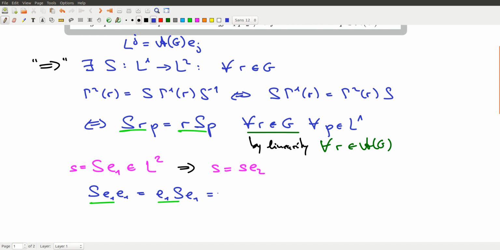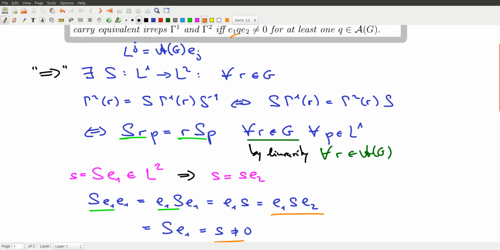And now the S times E1 is the little s, so we have E1 little s. But little s is the same as little s times E2. So we have this combination E1 s E2. But on the other hand, we know that E1 times E1 is E1. So here we have S applied to E1. That's just little s. And that was non-zero. So we're done. We have that this product here is non-zero. That's exactly, see, it's still up here, what we need for the other direction.